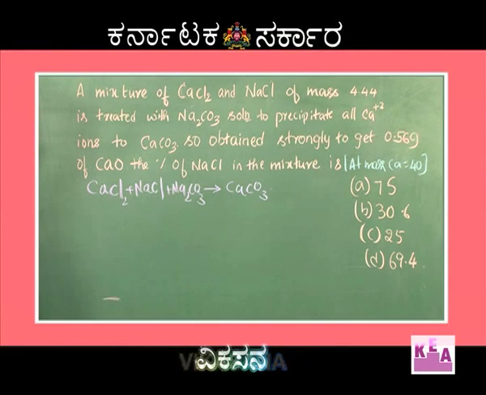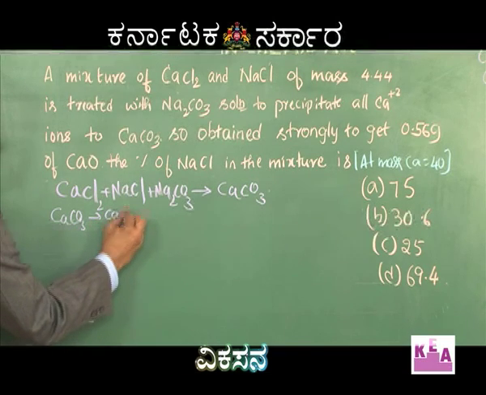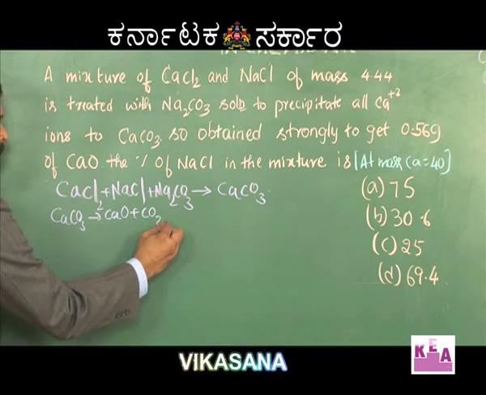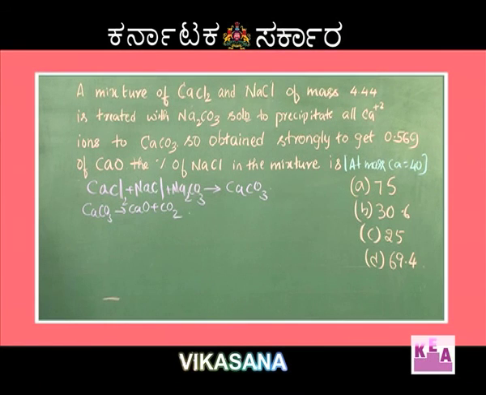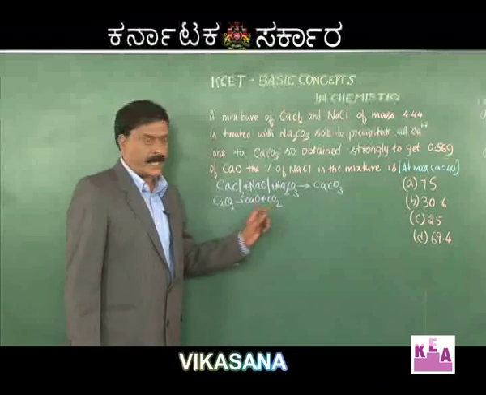Later on, we heat this calcium carbonate, which gives you CaO and CO2. Please note here that this equation is balanced. 1 mole of calcium carbonate on heating will give 1 mole of calcium oxide and 1 mole of carbon dioxide.